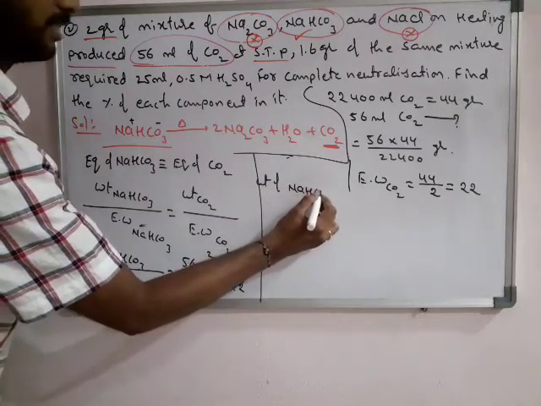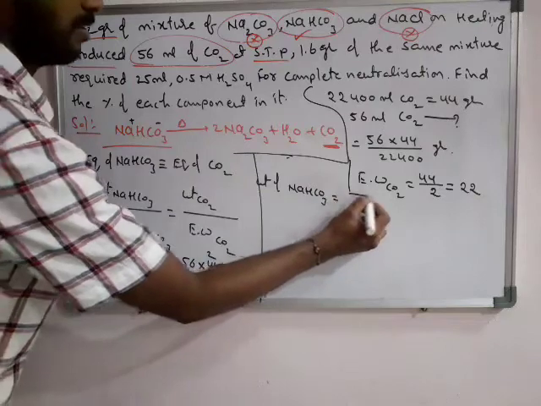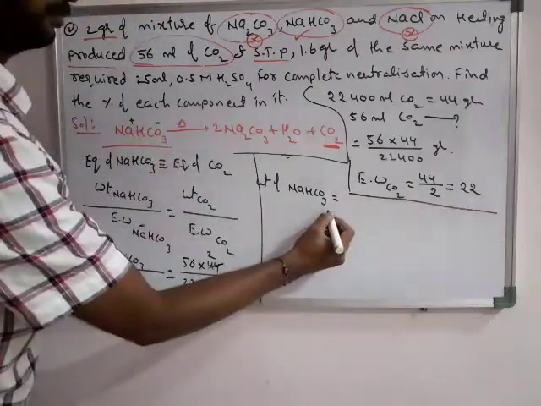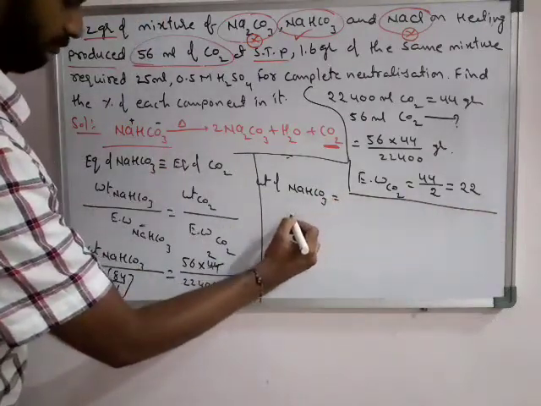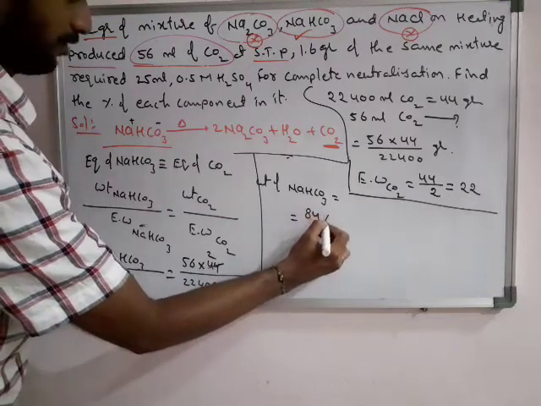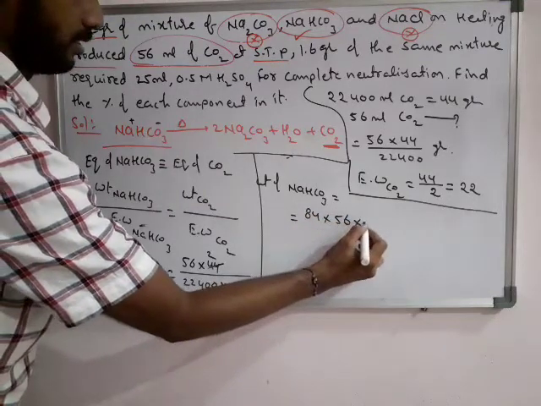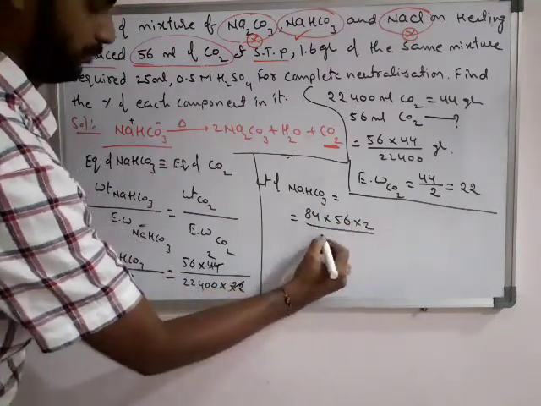So here we get weight of NaHCO3 is equal to 84 into 56 by 22,400 times 22.